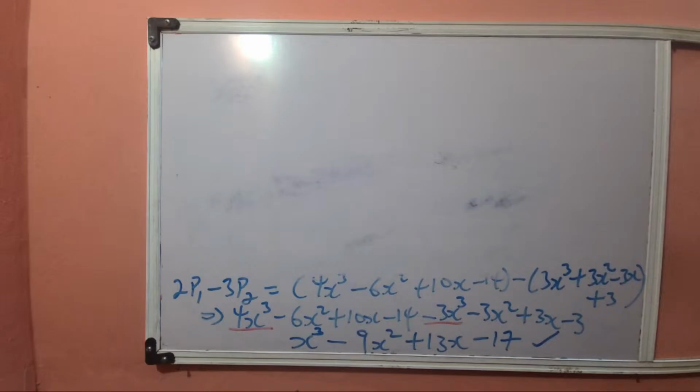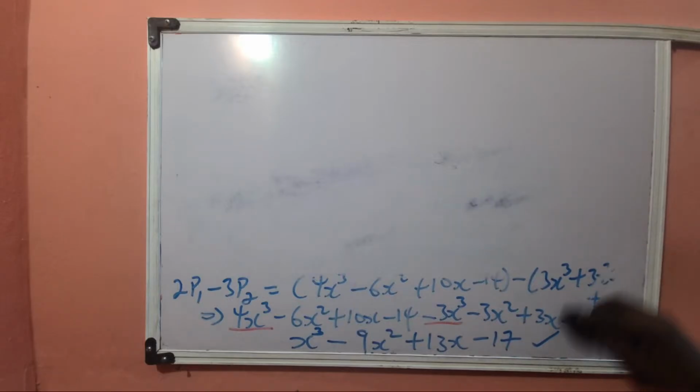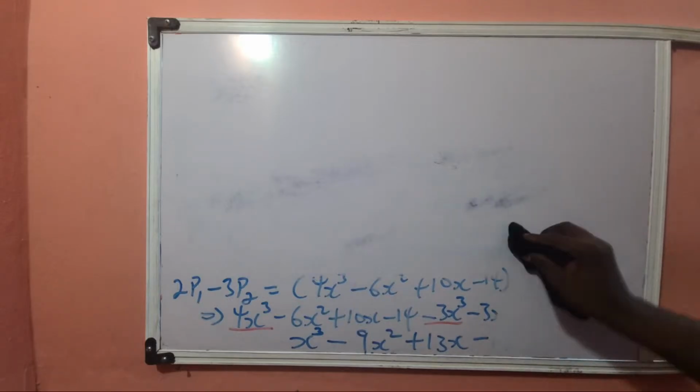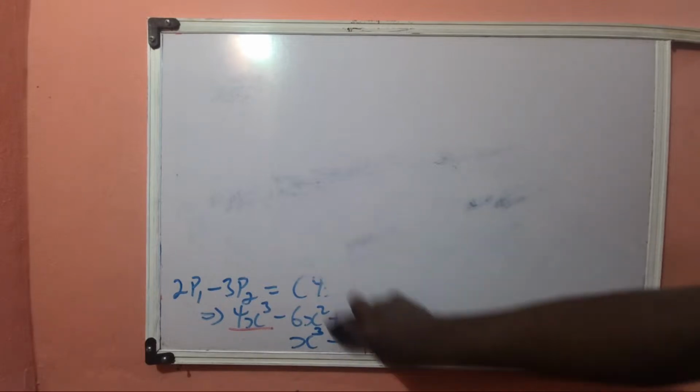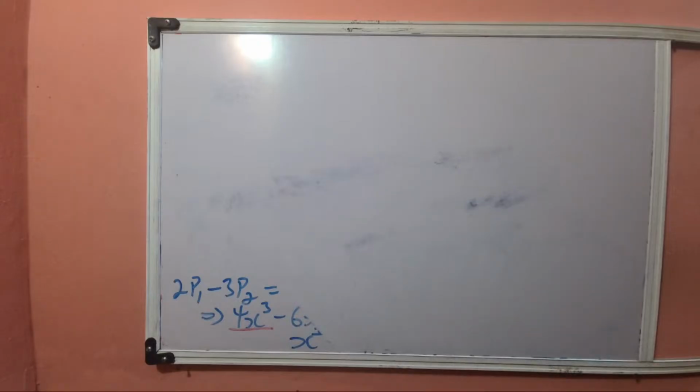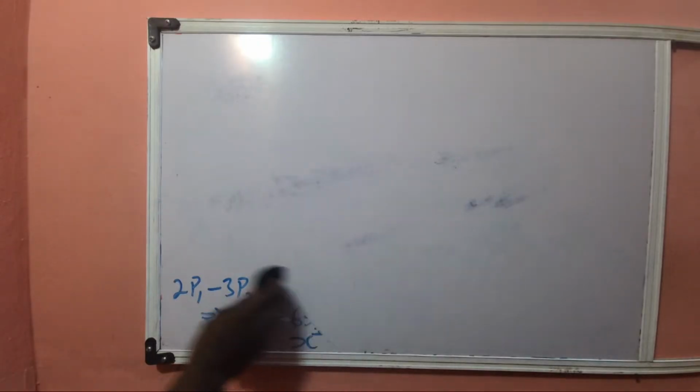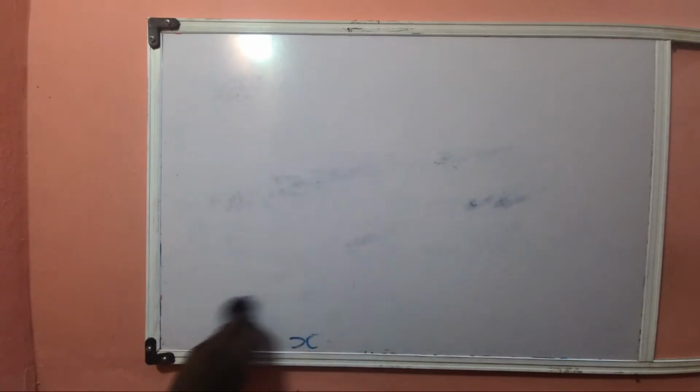How do we multiply polynomials? Of course, you have been able to define a polynomial. So I'm sure at this point, everyone in the audience can easily make a definite distinction between what is a polynomial and what is not a polynomial.